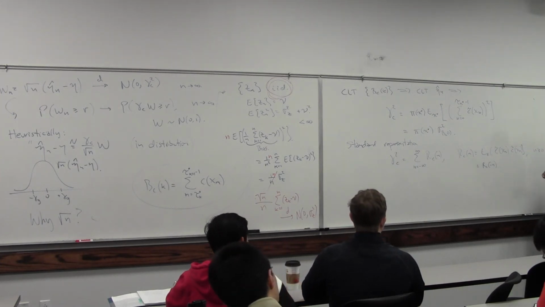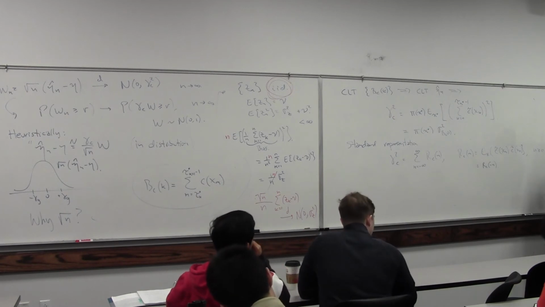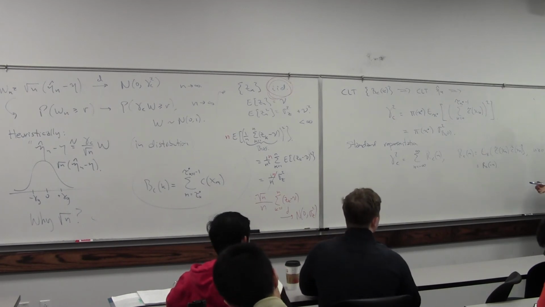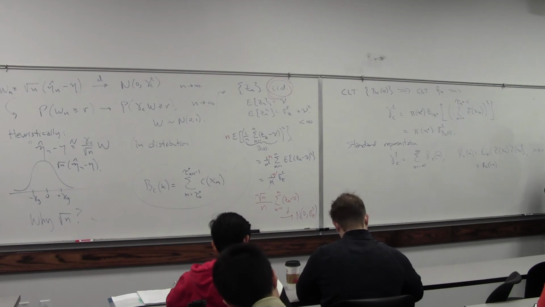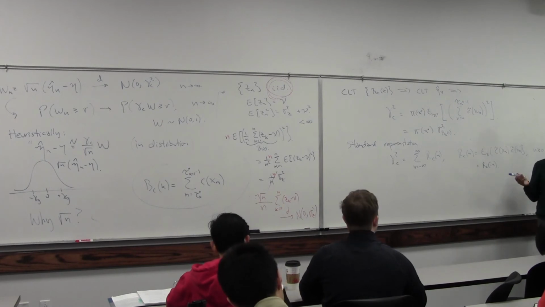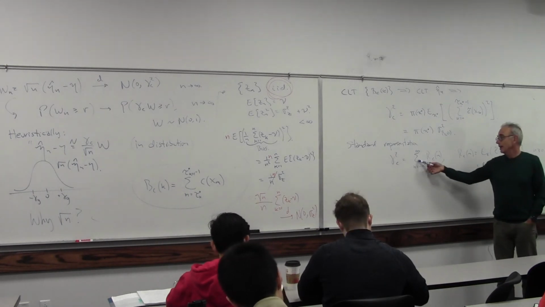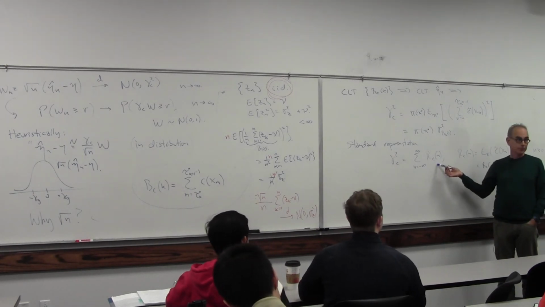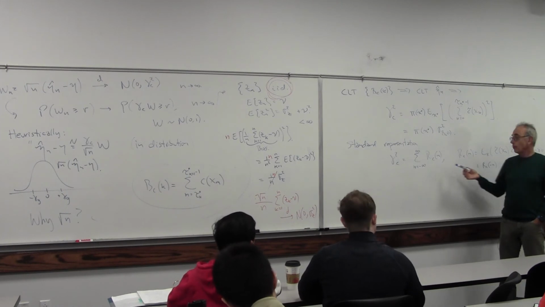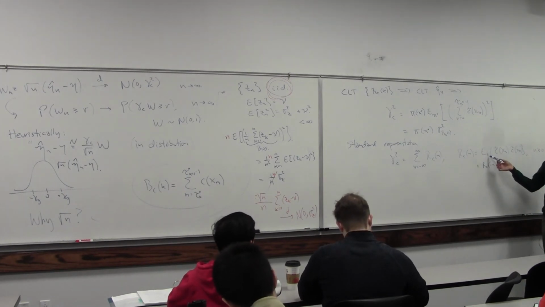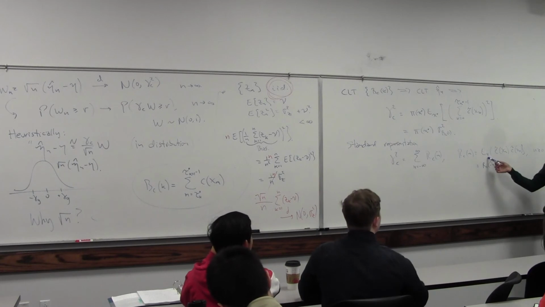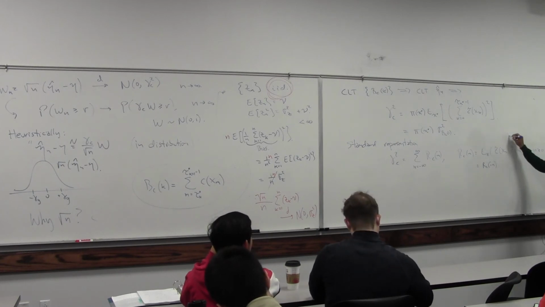What I mean by the standard representation is, if you take a stochastic processes course and they want to prove the central limit theorem for a general stationary process, this is not about Markov chains, it's about any stationary process. It turns out that if the central limit theorem holds, very typically the variance is the sum of the autocorrelation. So I take the Markov chain, and I initialize it with the steady state distribution pi.